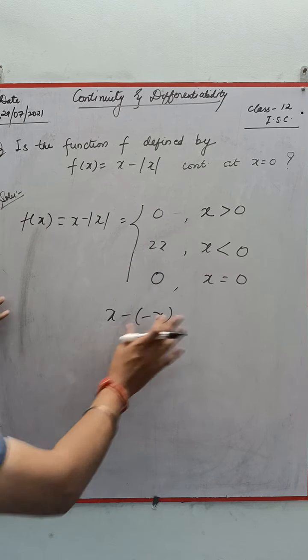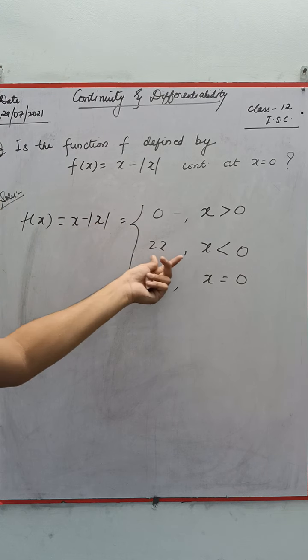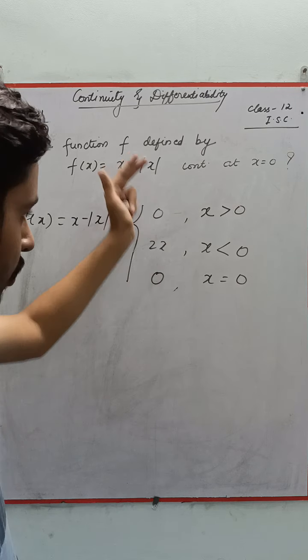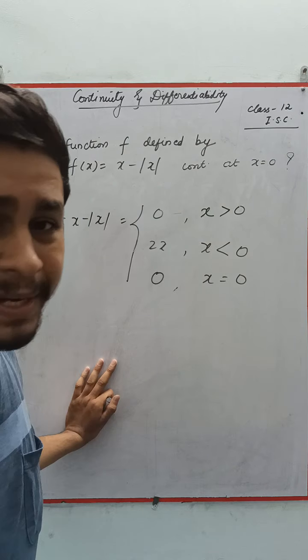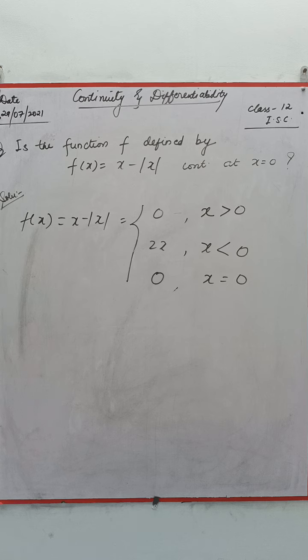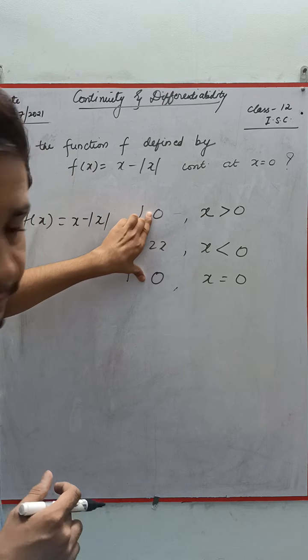Now with this you have to check which one is LHL. For sure this is LHL, this is RHL, and this is at x is equal to 0. All three will come 0. Now you have to properly write the steps and show me, so do this question. One more thing in this question: you are getting 0 and 0 as the answer, both 0.